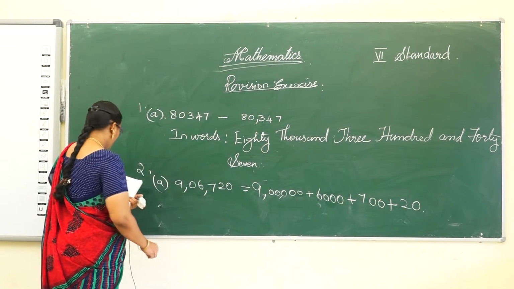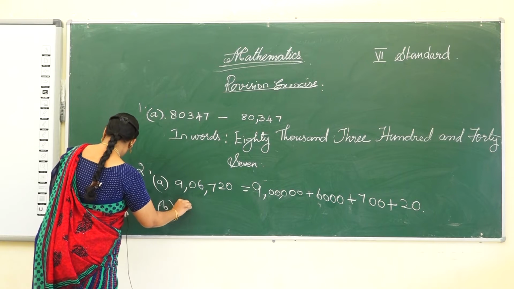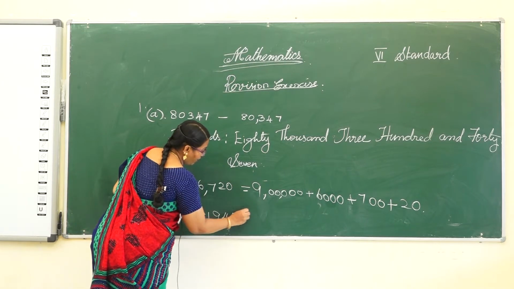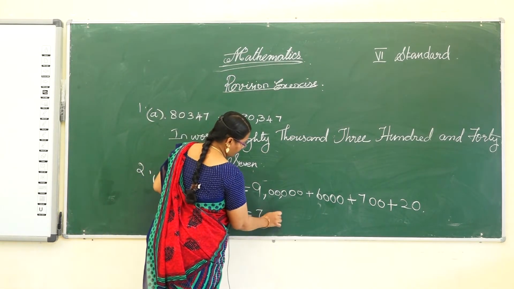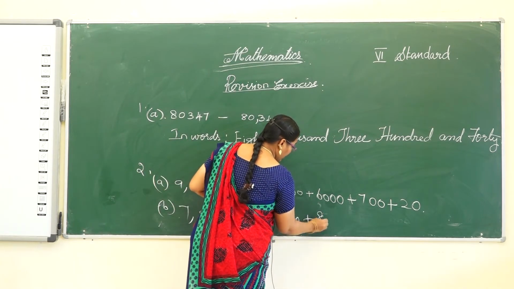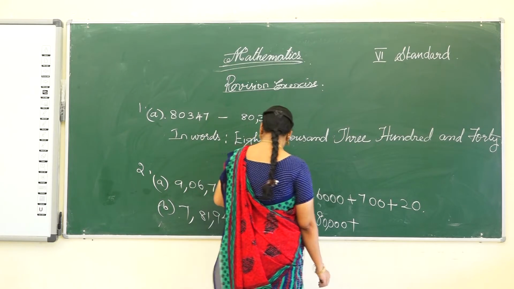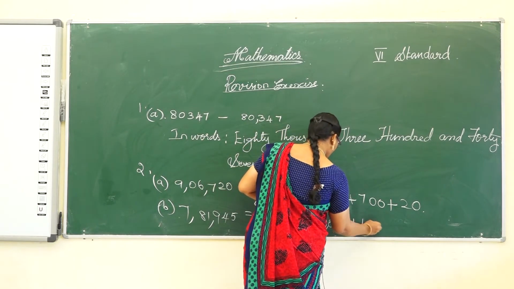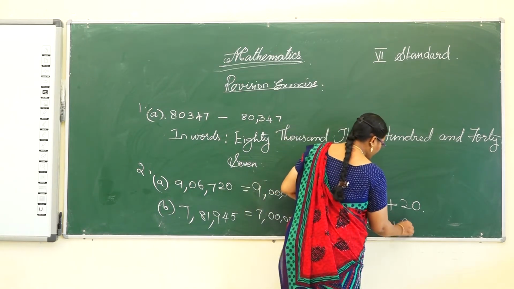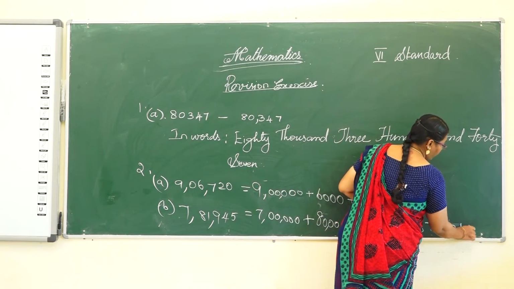Okay, and next B, 7,81,945. So 7,80,000 plus 1,000 plus 900 plus 40 plus 5.